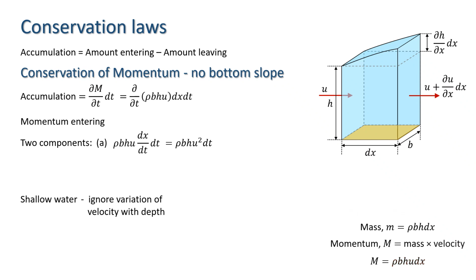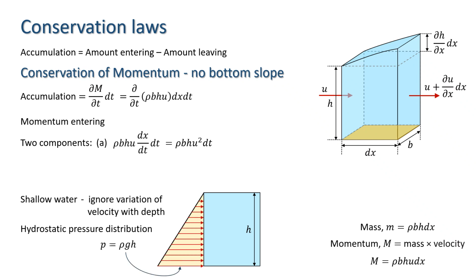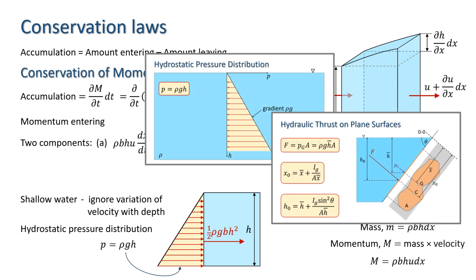This implies that pressure gradients are due only to the displacement of the pressure surface, and we assume a hydrostatic pressure distribution, the linear distribution illustrated here with gradient ρg. This results in a horizontal thrust of magnitude a half rho g bh squared. If this isn't familiar, you can find details and derivations in my YouTube videos on hydrostatic pressure and hydraulic thrust on plane surfaces.